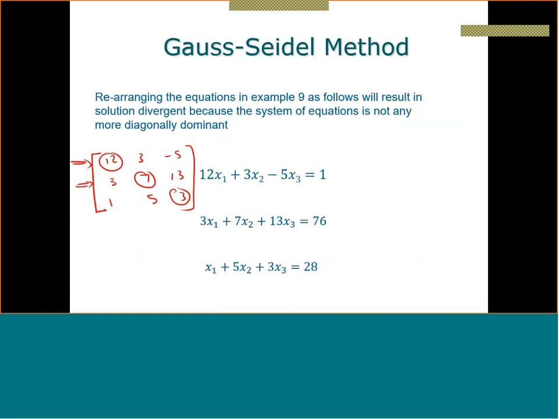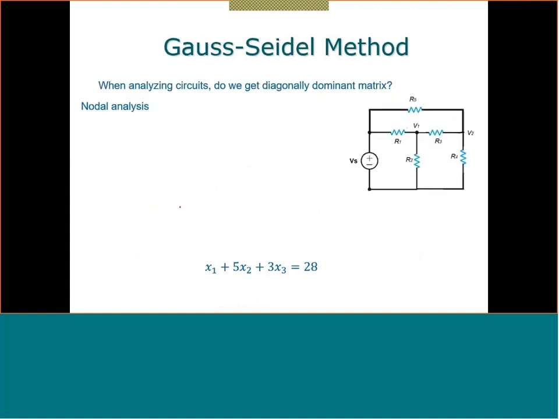So this is something very, very important, that you need to make sure that your system is really dominant before you do anything. Now, let's ask ourselves a question. I have been asked this question by some of you: for the simulation assignment, do we need to check this?